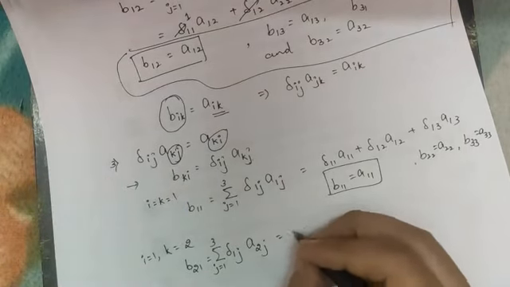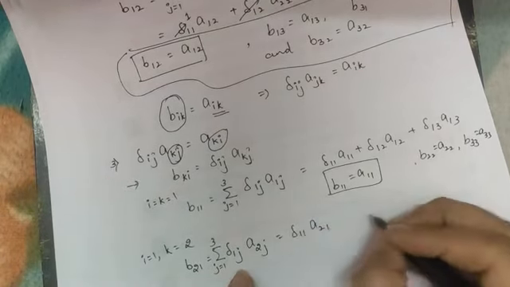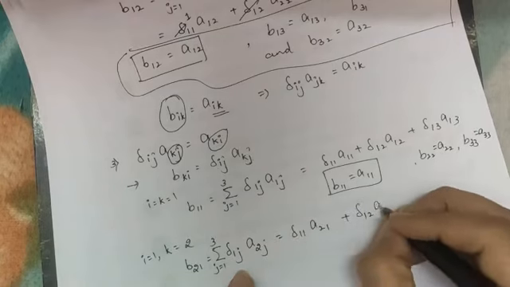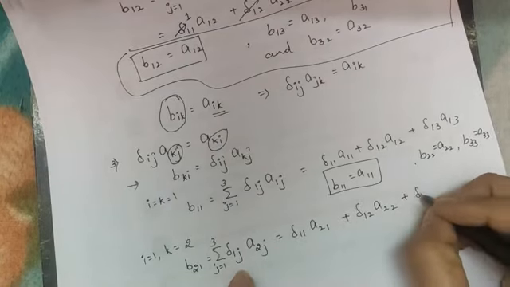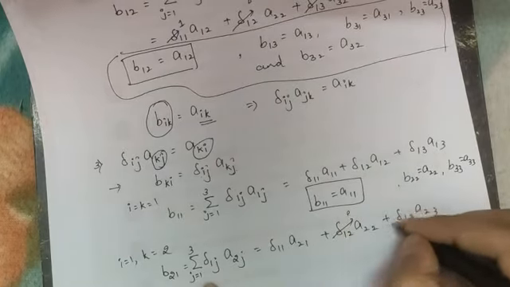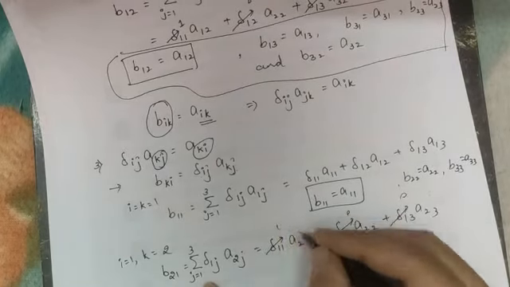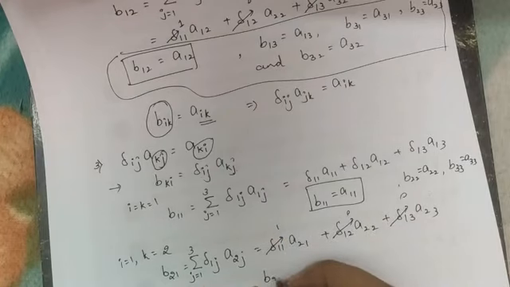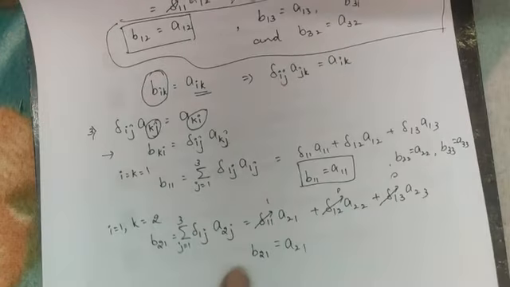So this is nothing but delta 11 a21 plus delta 12 a22 plus delta 13 a23. This is 0, this is 0, this is 1. So I will get b21 is equal to a21. Right?